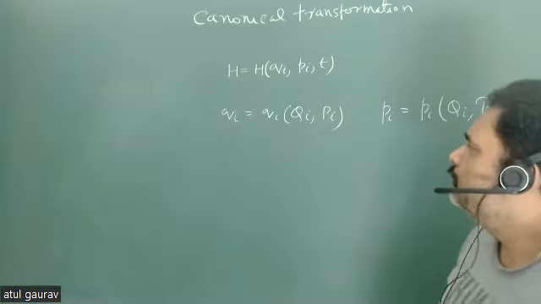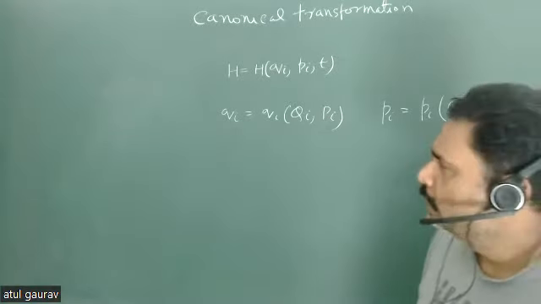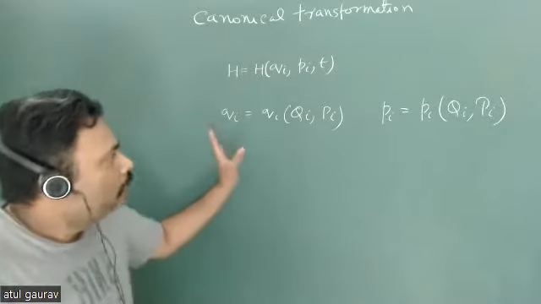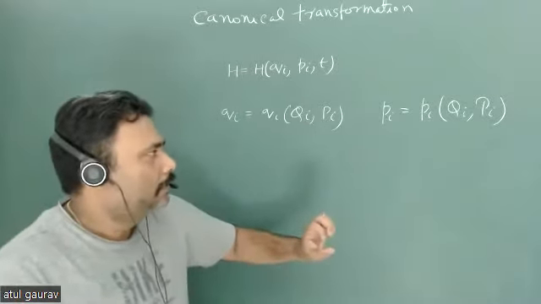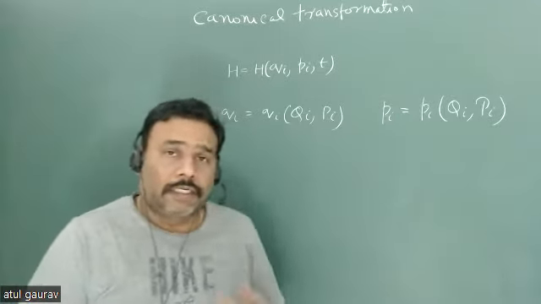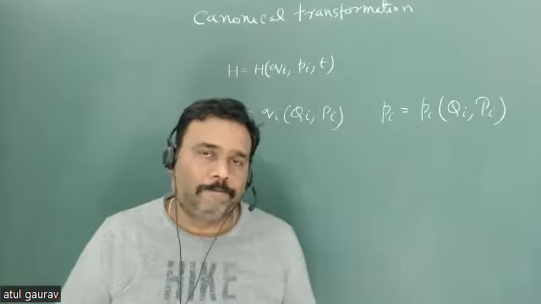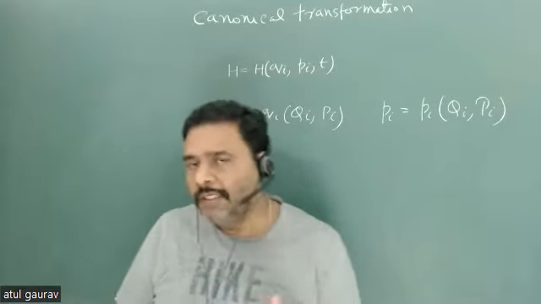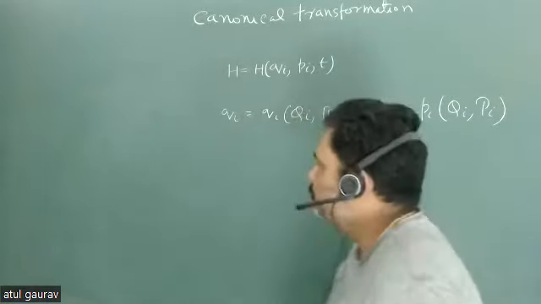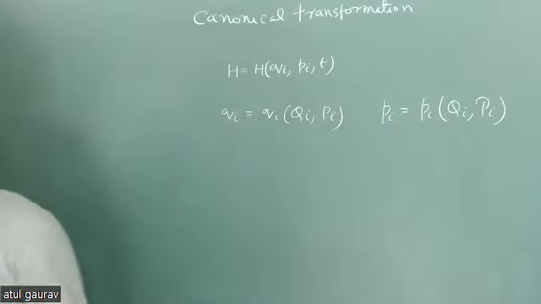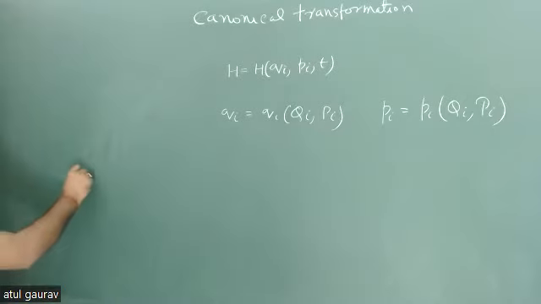Now, look at this very carefully. If we are talking about the transformation, how are we going to transform it? Some scalar quantity or some geometry should be preserved there. Let me give you an analogy. Suppose we are transforming from Cartesian coordinates to polar coordinates.